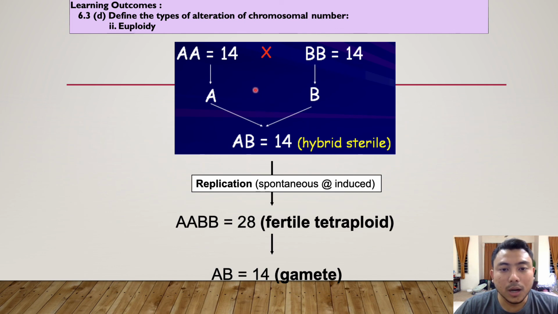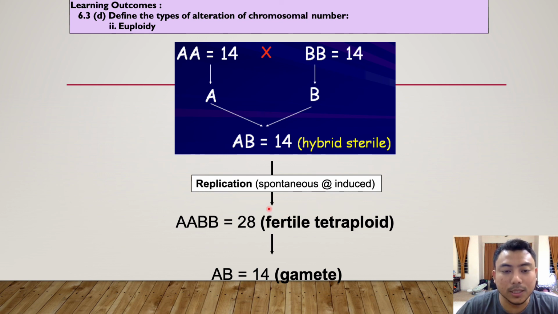Okay, so how are we going to do this? So let's say we have species A with 14 chromosomes, species B with 14 chromosomes. Betul. The gamete of A has 7 chromosomes, let's say sperm and ovum, each with 7 chromosomes. So when we fuse, we have the zygote with 14 chromosomes. So we will induce replication and we will form a fertile tetraploid.